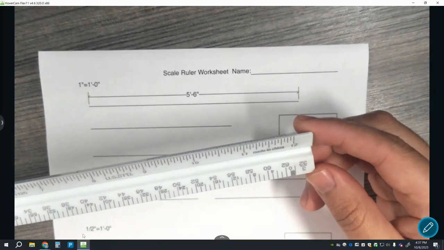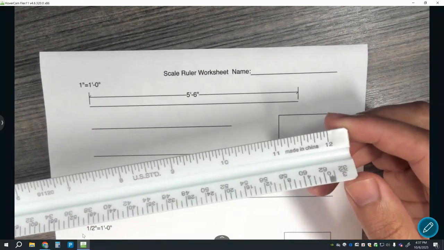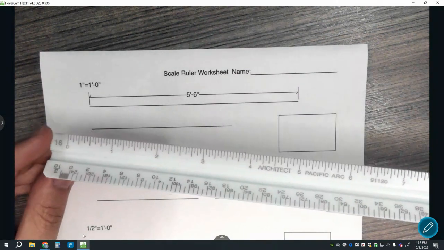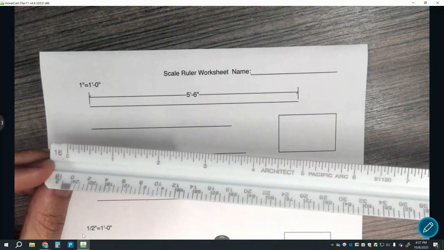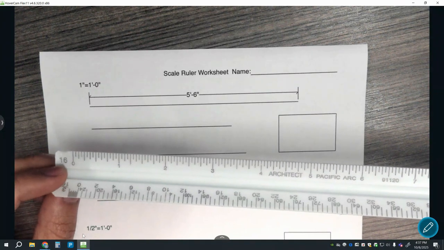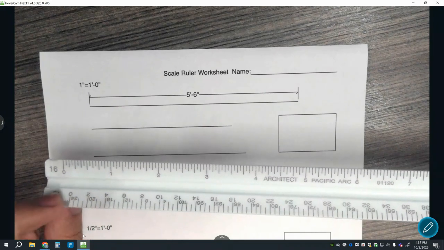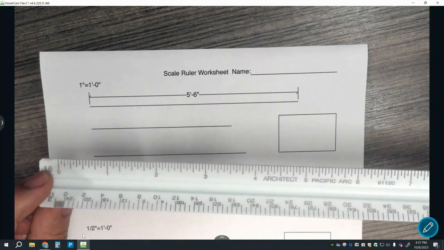So first of all, before you start measuring, you have to understand that this one right here with the 16, this is a regular ruler. Why is it a regular ruler? Well, this right here from this 0 to this 1 is 1 inch. So why does it have the number 16?